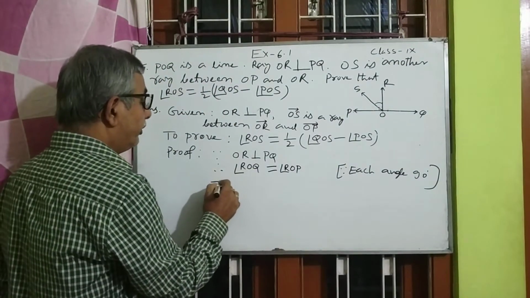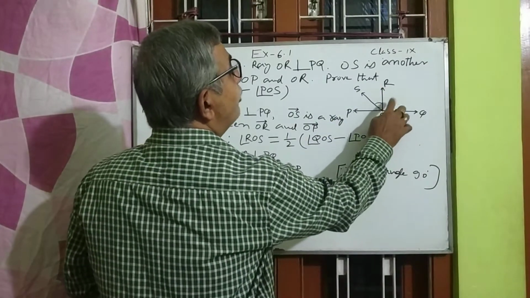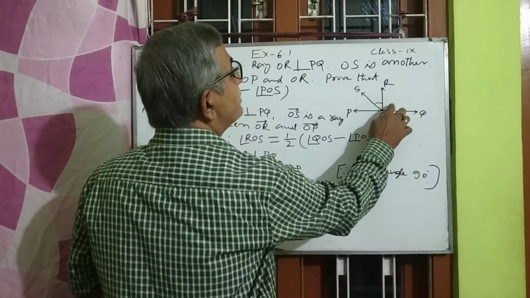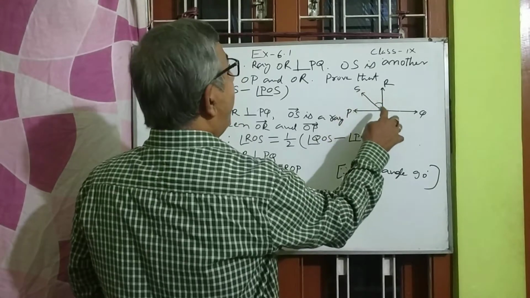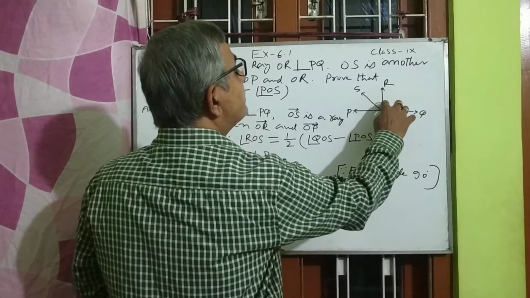Now, instead of ROQ, instead of this angle, what can you write? Do you understand? Instead of this angle, you can write angle QOS, this big angle, minus this angle.